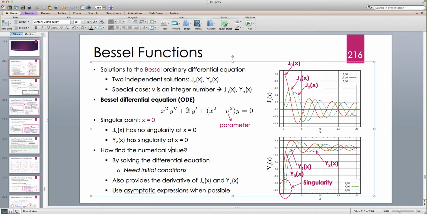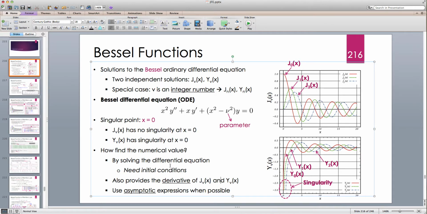However, if we go this route and solve the differential equation, we saw in our discussion on solving ODEs that if we solve a second order ODE, not only do we get the function, but we also get the derivatives of the function, which is a plus. So if we solve this for these j nu functions, which are well-behaved, then we get not only j nu but also j nu prime.